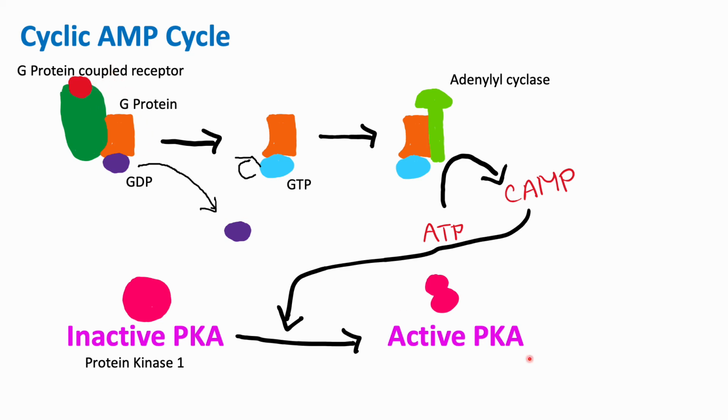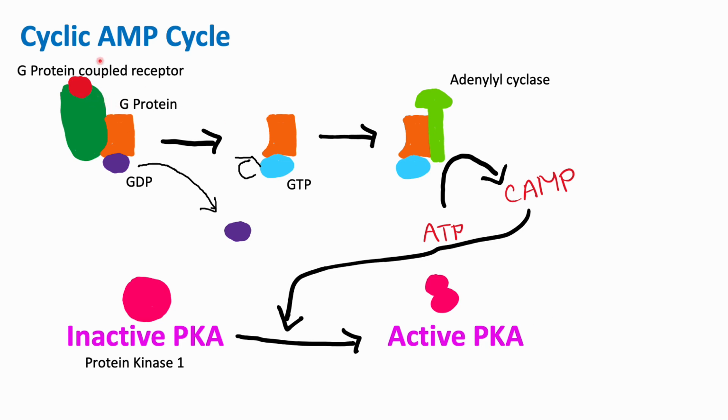So if we start off from the top again, we can understand that this signal couldn't directly cause the effect itself. Instead, it used this secondary pathway with these secondary molecules to cause some sort of an effect in the cell that was required.